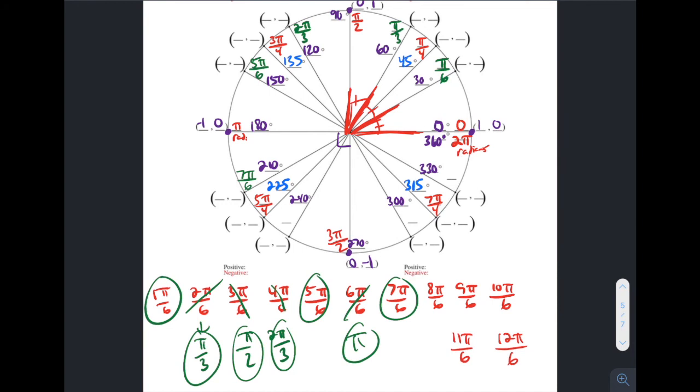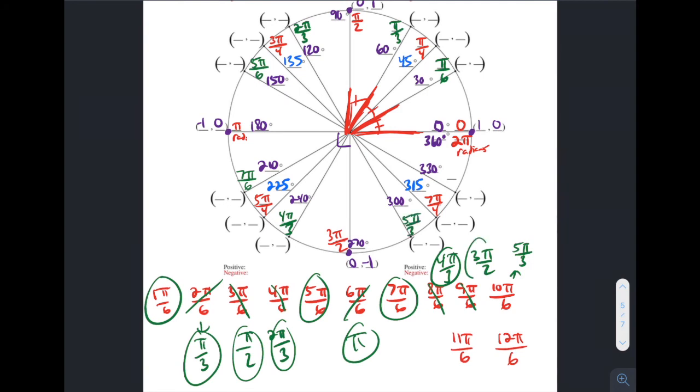If we go further, we'll be at 8 pi over 6, which simplifies to become 4 pi over 3, which is this angle right here. Another 30 degrees or pi over 6 is going to be 9 pi over 6, which simplifies to be 3 pi over 2. We see that already on our unit circle from earlier. 10 pi over 6 simplifies to be 5 pi over 3. That's going to be this angle right here.